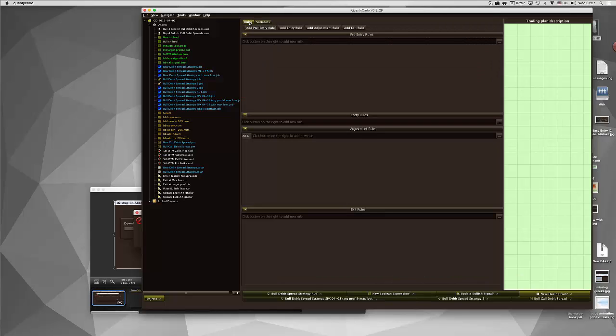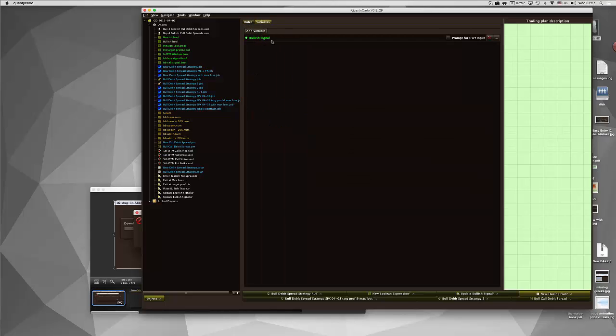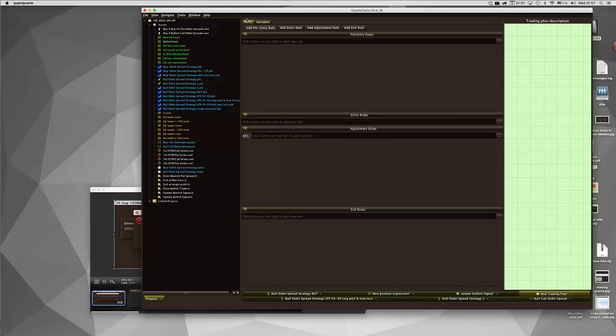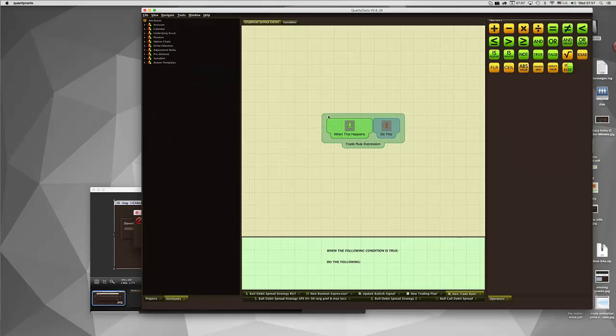Now the job of my pre-entry rule is going to be to update this variable so that I can use it in my trading rules, in my entry rules to be specific. So I'm going to create a new trade rule expression.